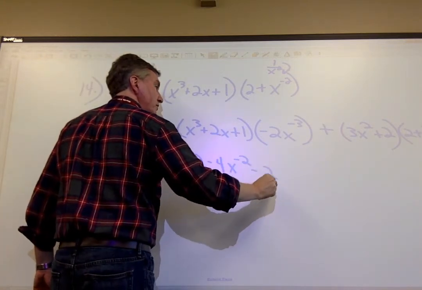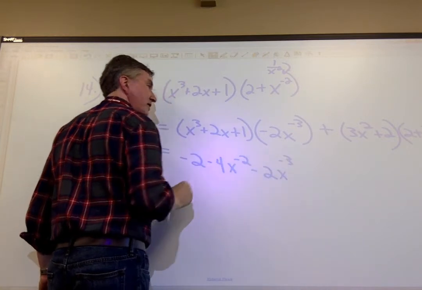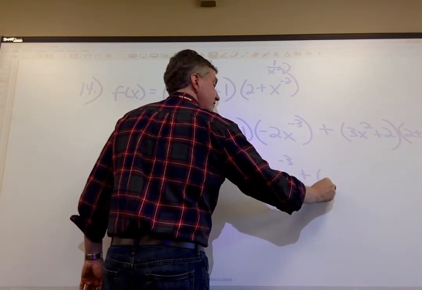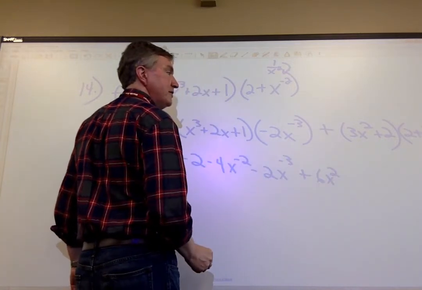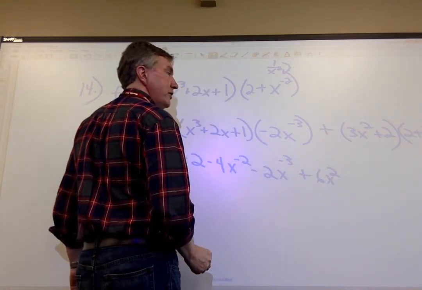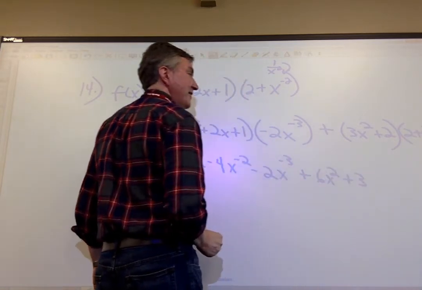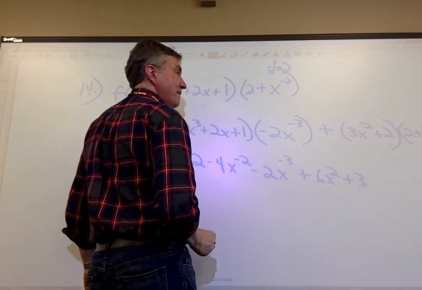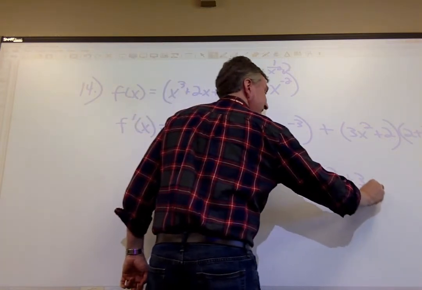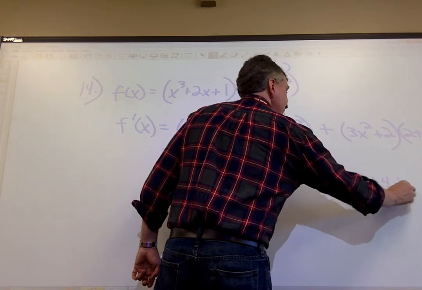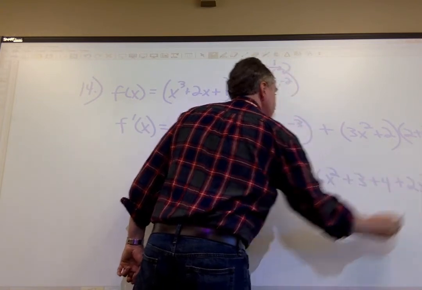Minus 2x to the negative 3 plus 6x squared plus 3, plus 4, plus 2x to the negative 2. Is that right? Double check me there.